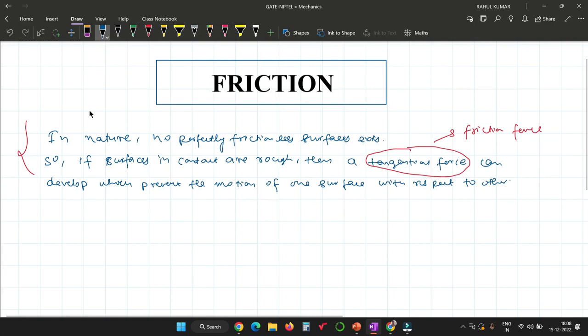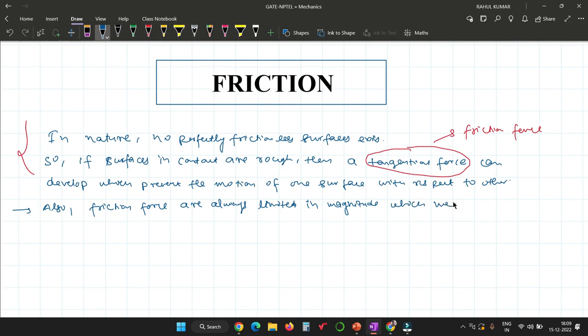Also, friction force is always, this point is very important, always limited in magnitude, which means if you apply a sufficiently large external force, then friction will what?